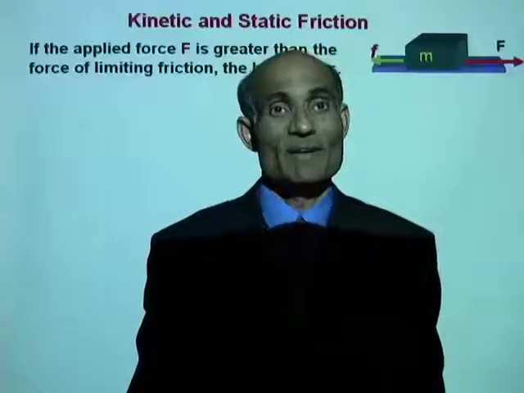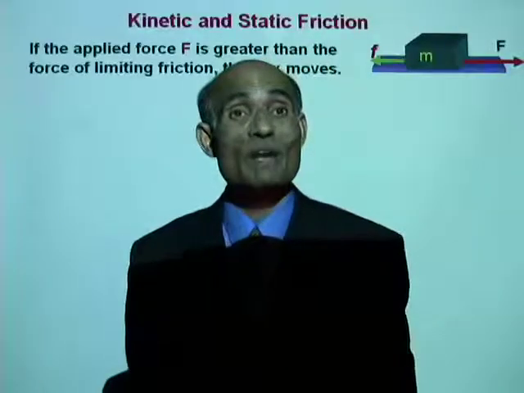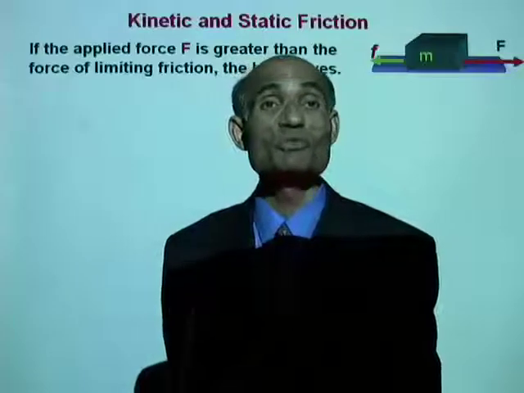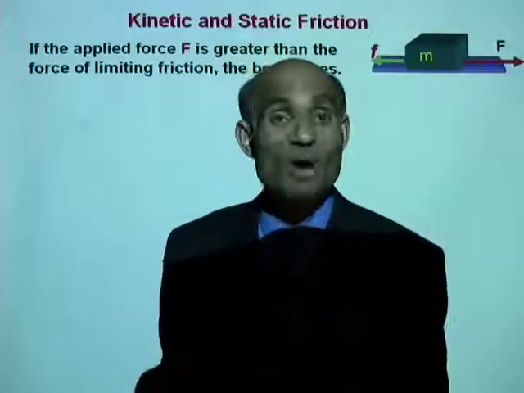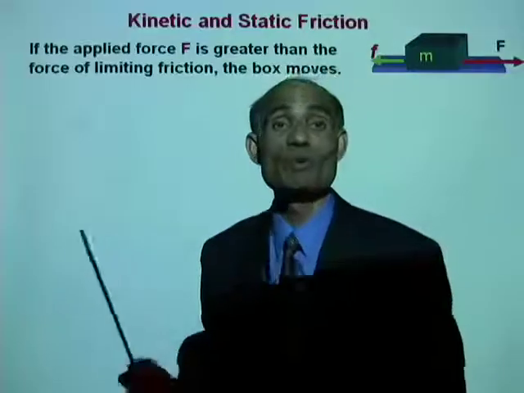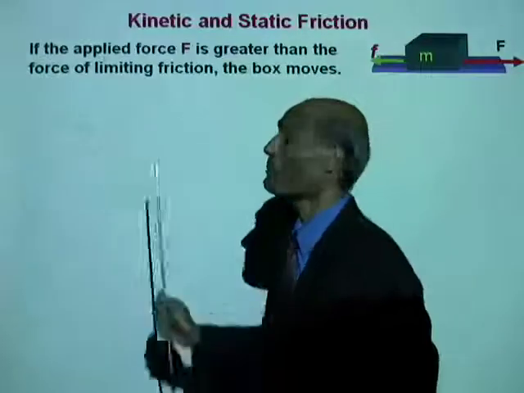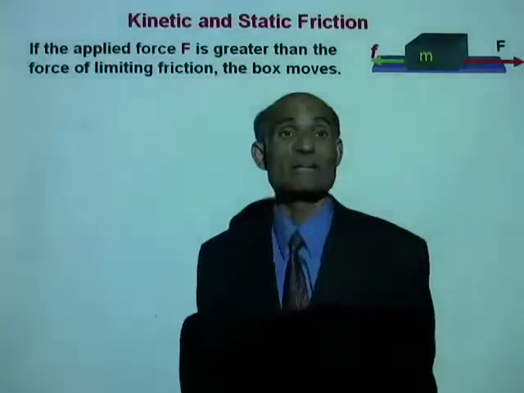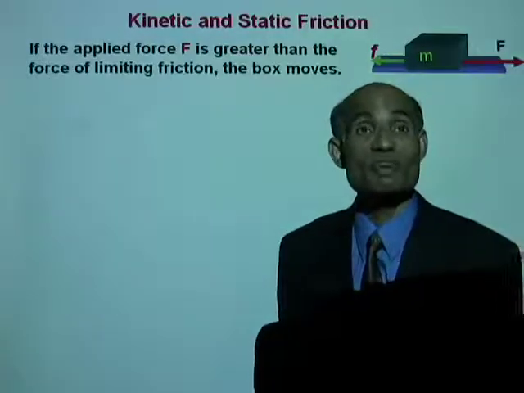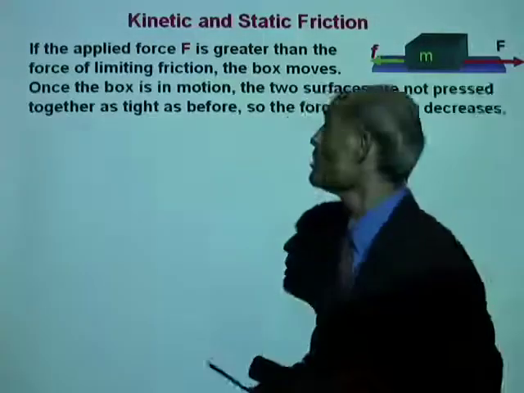Alright. Now once you are able to overcome the friction between two surfaces, then one surface will begin to move over the other. If the applied force F is greater than the force of limiting friction, the box will move.